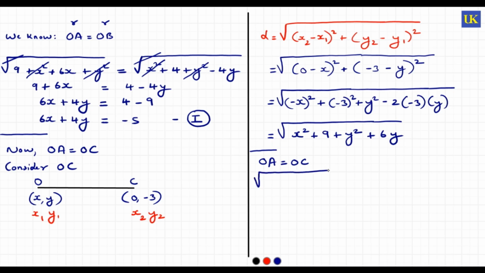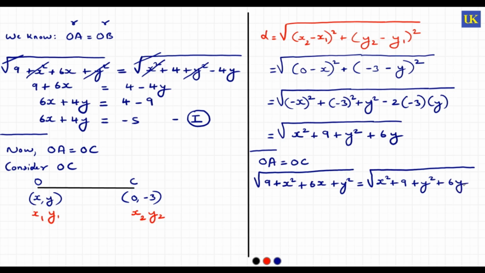So OA was how much? 9 plus x square plus 6x plus y square is equal to OC, which is how much? x square plus 9 plus y square plus 6y.